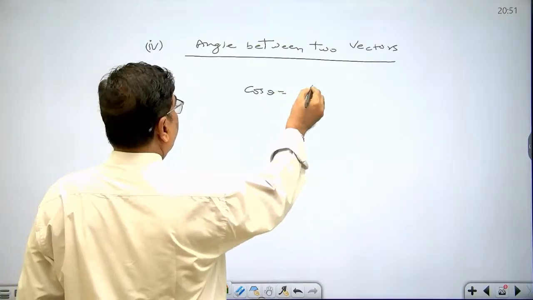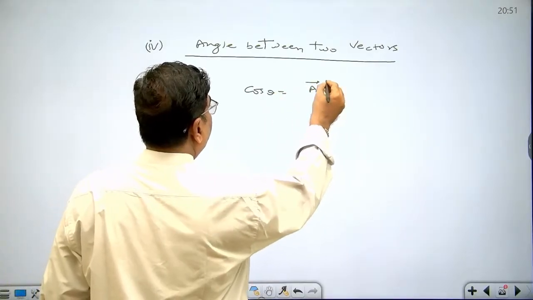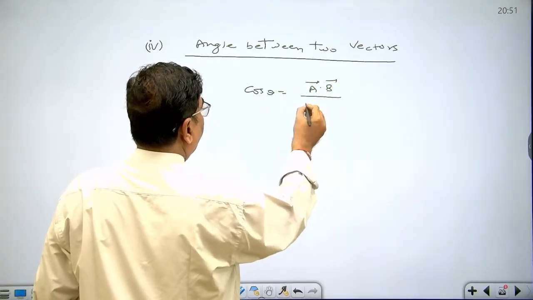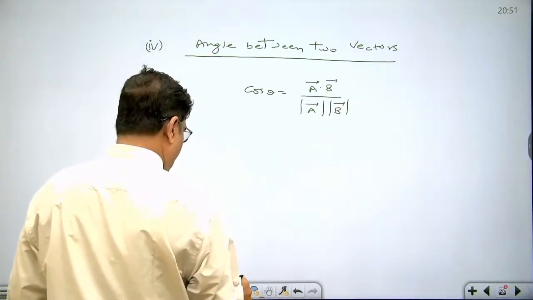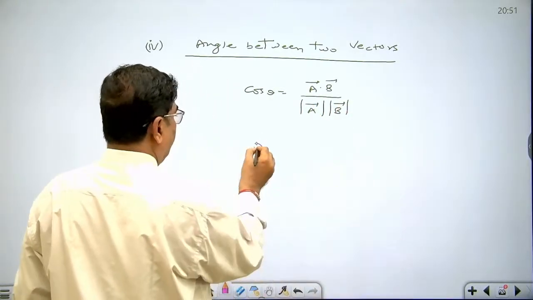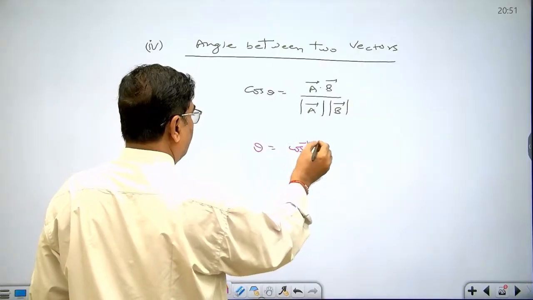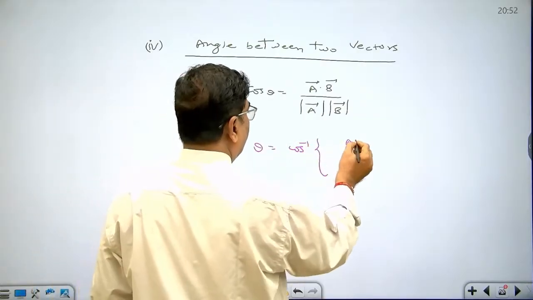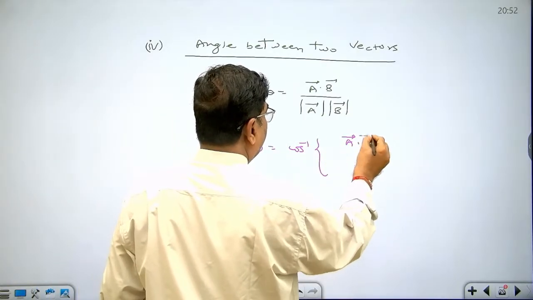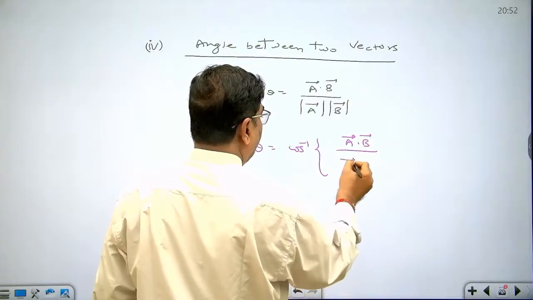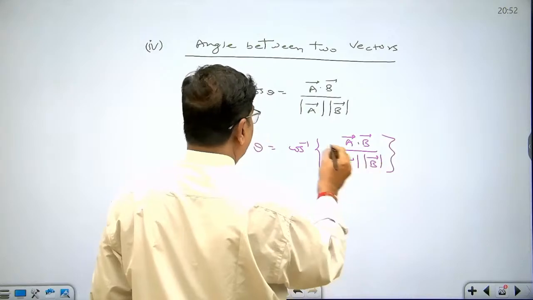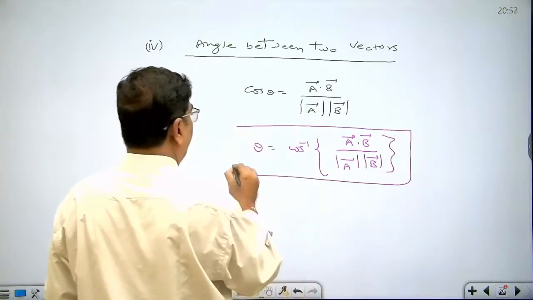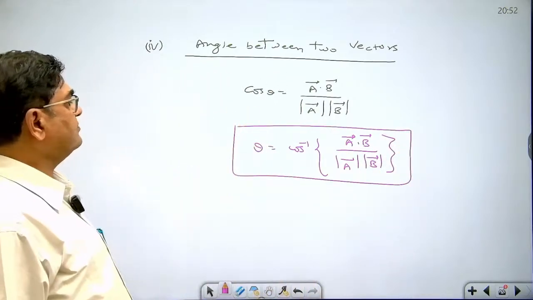Cos theta can be written as A dot B divided by magnitude of A and magnitude of B. In this way, theta equals cos inverse of A dot B divided by magnitude of vector A and magnitude of vector B. In this way, we can find the angle between two vectors.